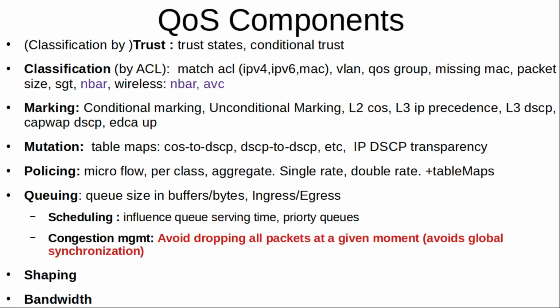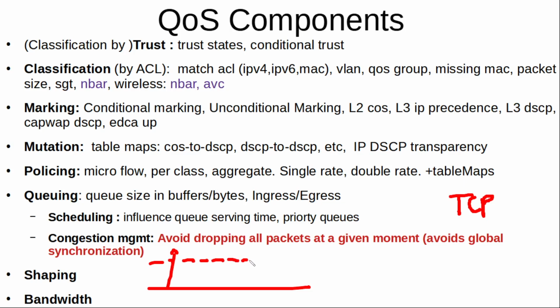Let's go for the next quality of service component, which is congestion management. You will use congestion management in order to avoid dropping all packets at a given moment, in order to avoid TCP global synchronization. So what you want to avoid with this is dropping all traffic at once when you reach your maximum rate.